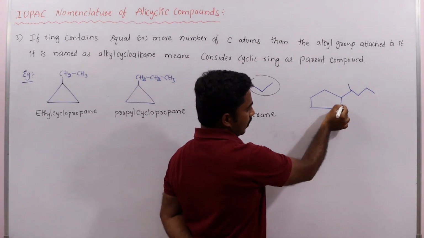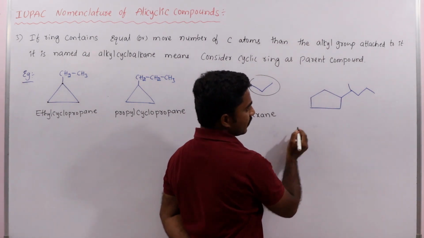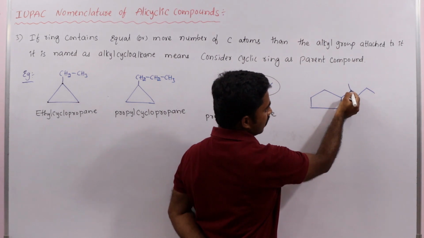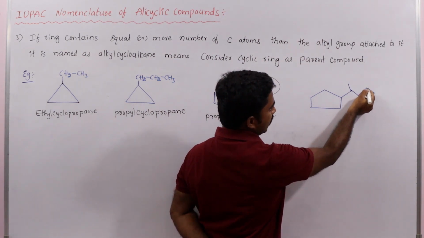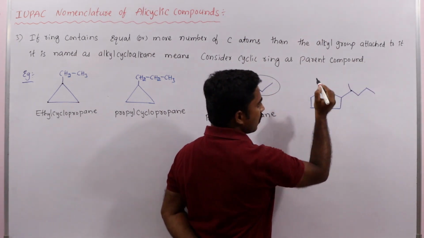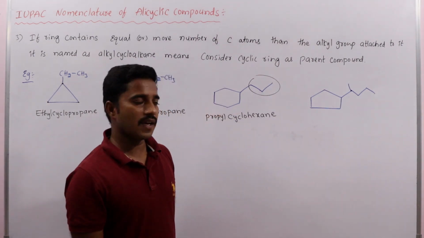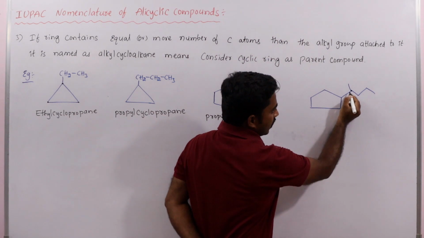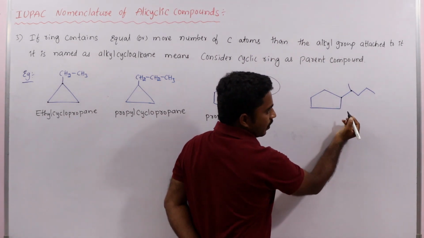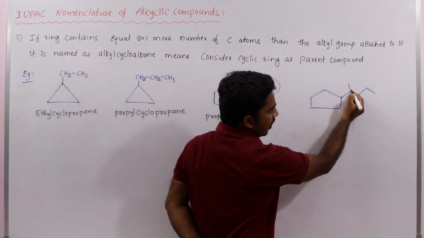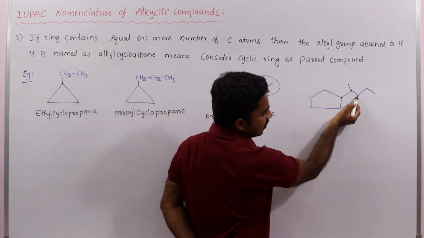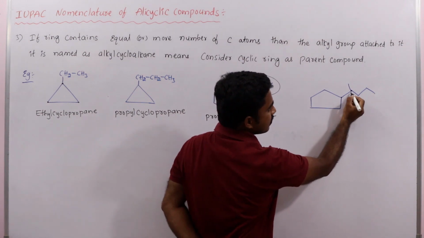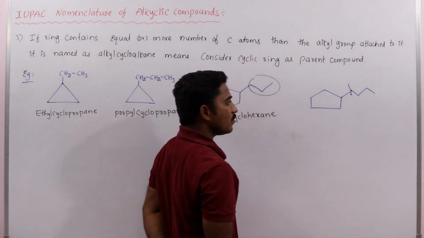So let us see this example. Here the ring contains 5 carbons and the side chain has one substituent. The side chain contains 1, 2, 3, 4 carbons with one substituent. In this case, the carbon of the side chain or alkyl group which is bonded to the parent carbon is numbered as 1.